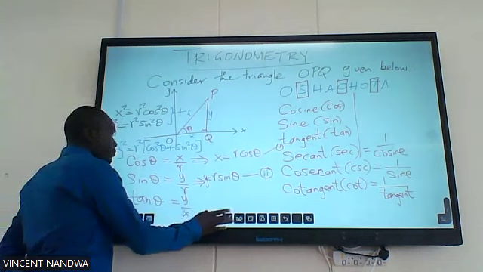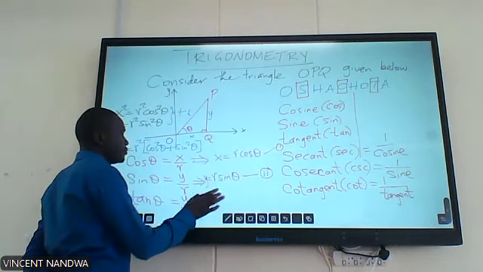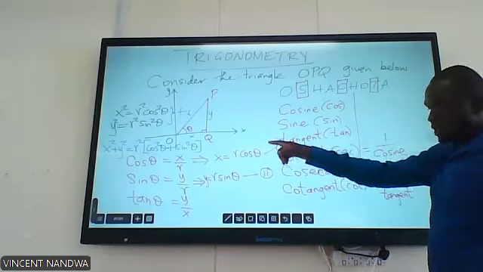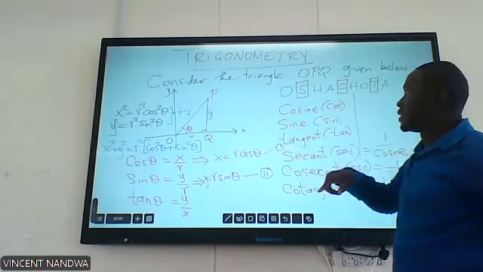But in the same triangle, we have a right-angled triangle because of this 90 degrees.